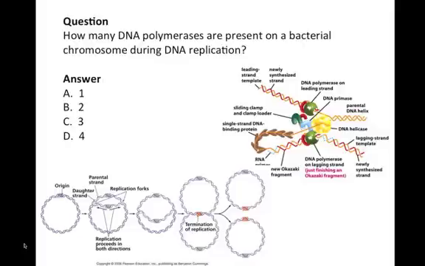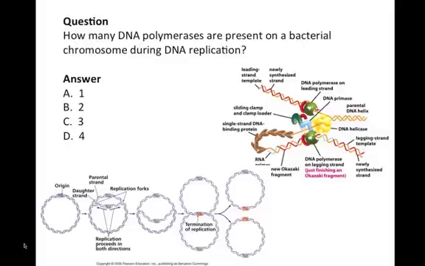So remember, bacteria have one origin, right? One origin, which means that they're going to have 2 replication forks, right? Are we in agreement? And that means each replication fork is going to look like this.